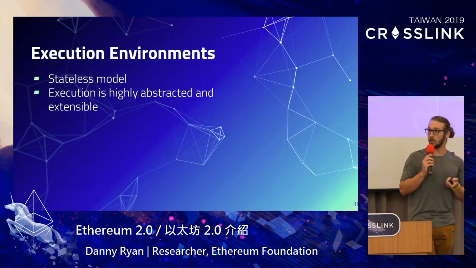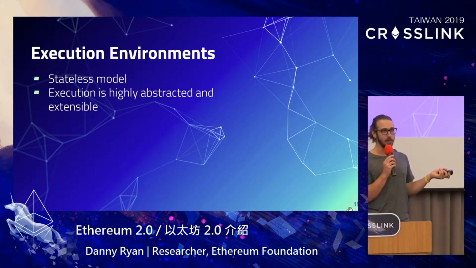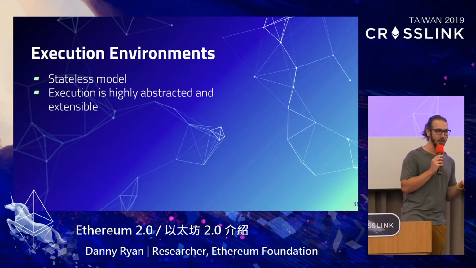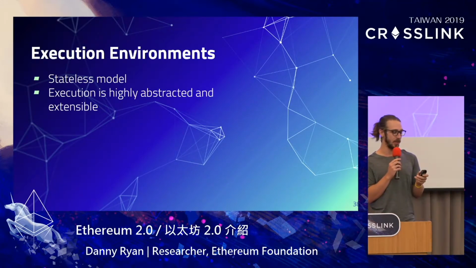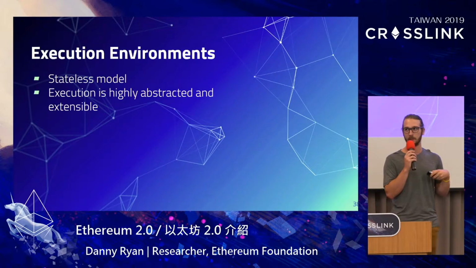But now we're looking at this model we call execution environments, which is both a stateless model, and it also makes execution highly abstracted and generally extensible. So there's really two things happening at once in this proposal. It's a move to stateless and a move to abstracting execution.